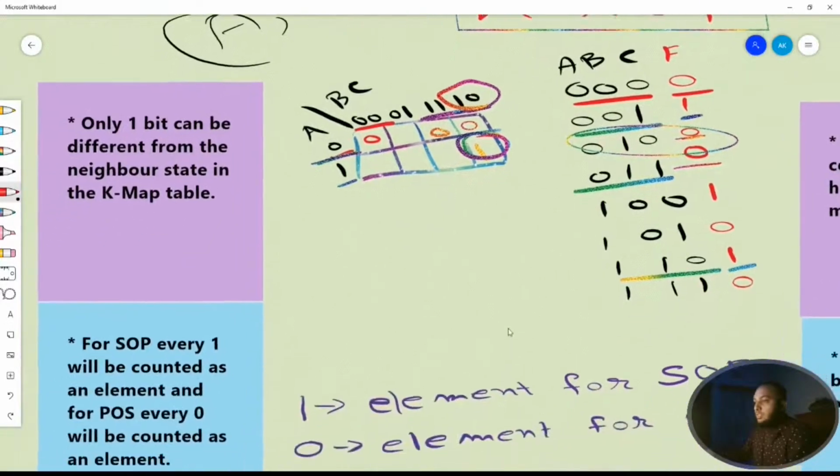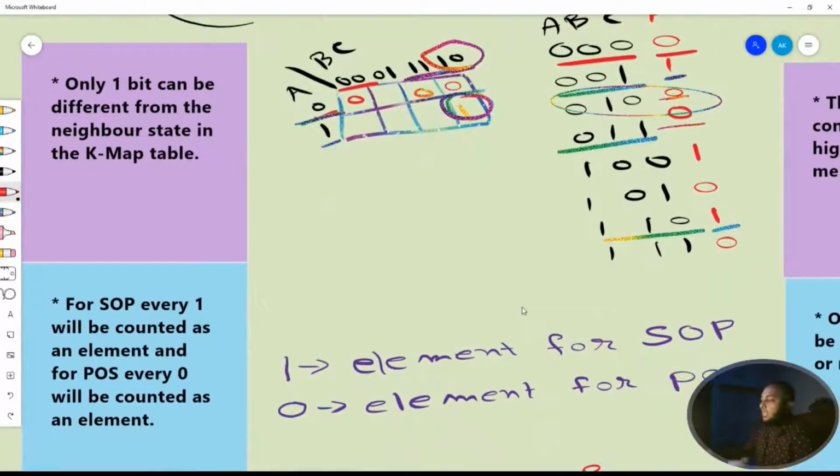Now let's go to the second point. We need to count each 1 in the output as an element for the SOP, and for the POS we need to count each 0 as an element.